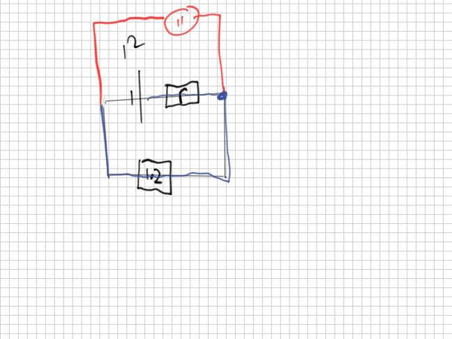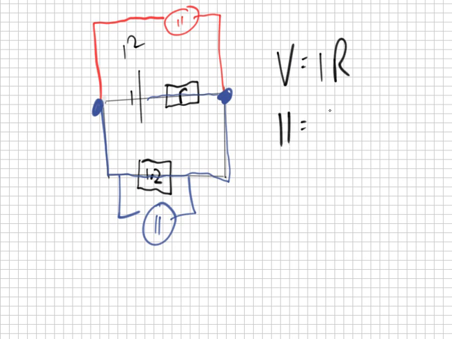Another resistor here. 1.2. It has a 1.2 resistance. Again, when you close the switch, why will the voltage drop? Well, because the resistance increases. More resistance means more voltage is consumed.